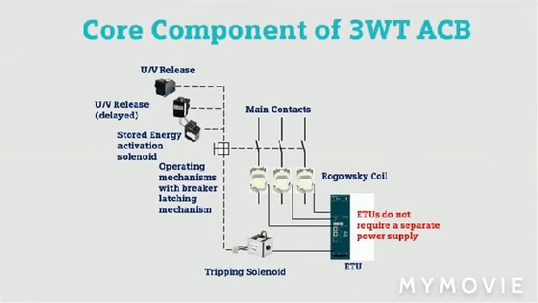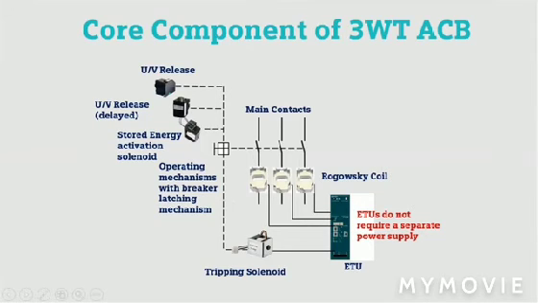Now the core components of the 3W ACB. This is the electronic trip unit, which gets current sensing from the robust coil. From this coil it gets the current data. Here we have the tripping solenoid, which is connected with the operating mechanism with braking latching.